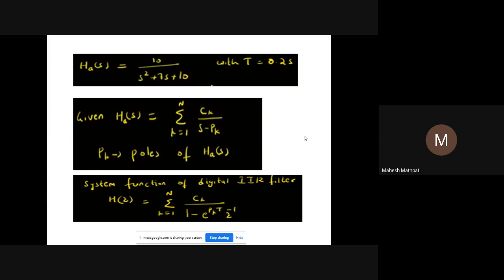You just write down the given solution. We know that HA of S is equal to summation k equals 1 to n Ck divided by S minus Pk, where Pk are the poles of HA of S. Now let us write step 1.